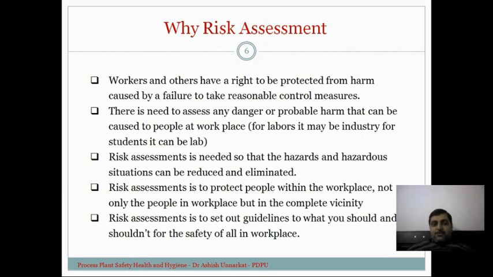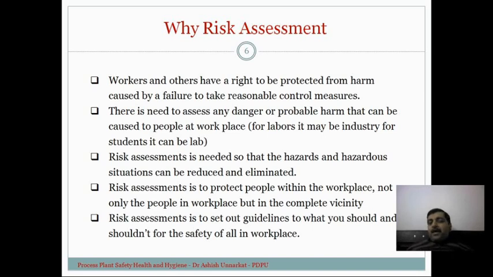So the very next question comes, why do we need a risk assessment? Now it's the right of any worker working in an industry to stay safe, right? So it is a right to be protected from any harm caused by failure, and it requires reasonable control measures.